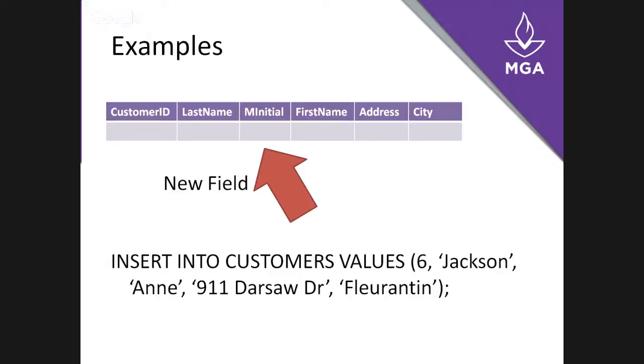But in this particular scenario, this is a far simpler situation where you have the customer table from our ITEC 4242 week 1 database that you see that I have added a middle initial field.